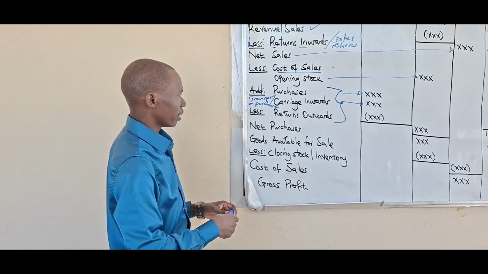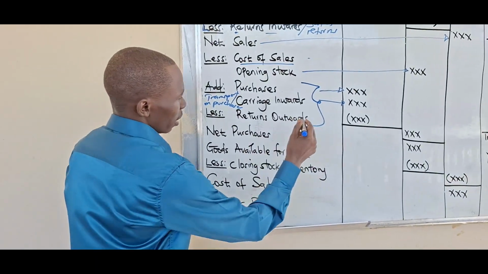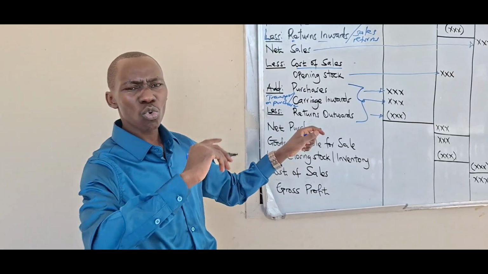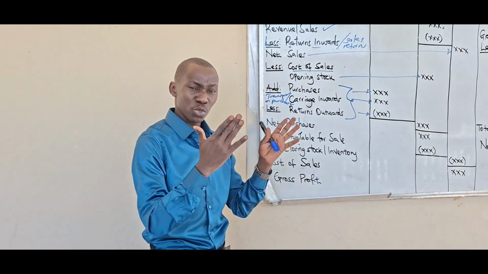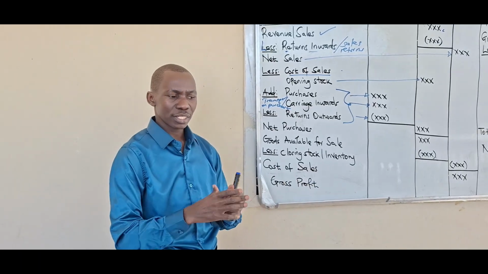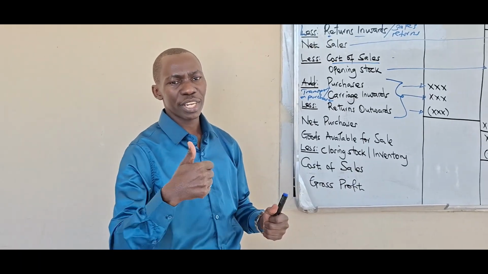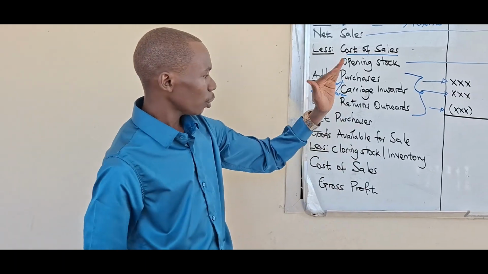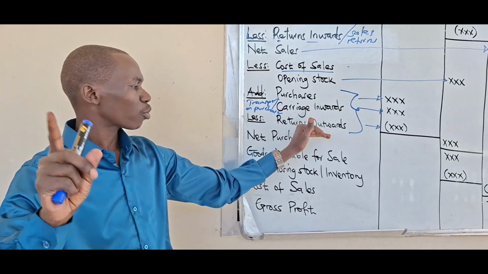It increases the purchases. Then, if you reach your business as well and you return some goods to the supplier, suppose you have bought your goods, reach the business, and you realize that some of the goods bought are not the right order, expired, or not in good condition. You decide to return them to the supplier.